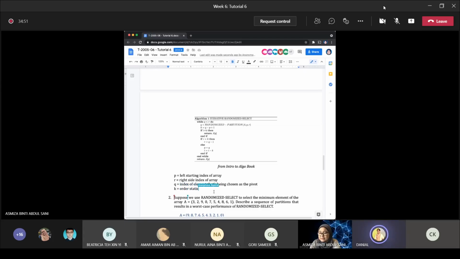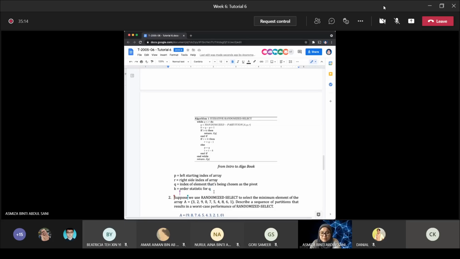So K is the thing that we are going to compare with the rank that we are looking for, the order statistic that we are looking for. Let's say for example we want to find the 7th out of 10 elements, and K in this case is 5.